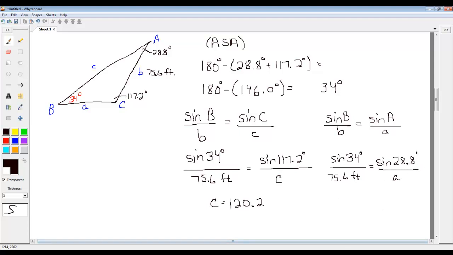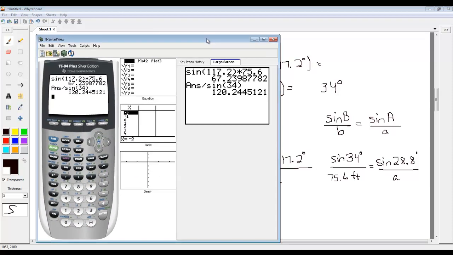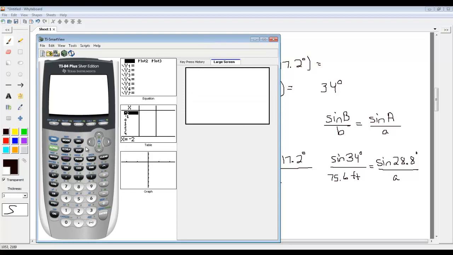Okay. So then sine of 28.8, oops, don't forget to close your parentheses, times 75.6, and then divided by sine of 34.